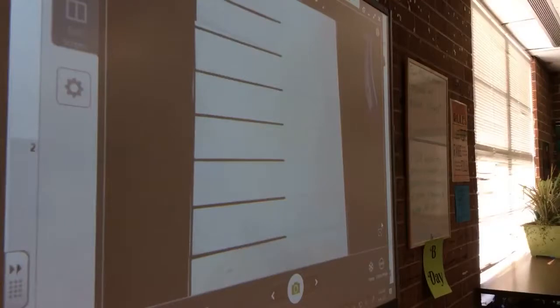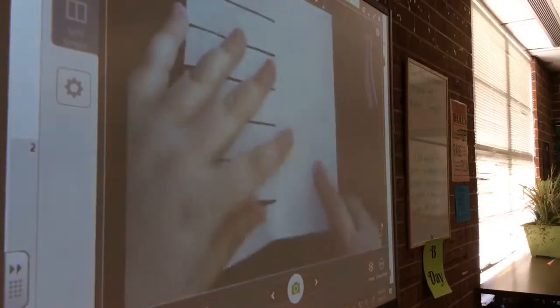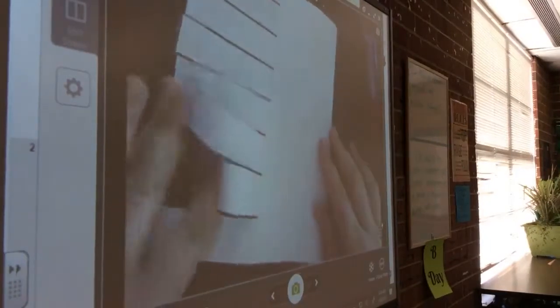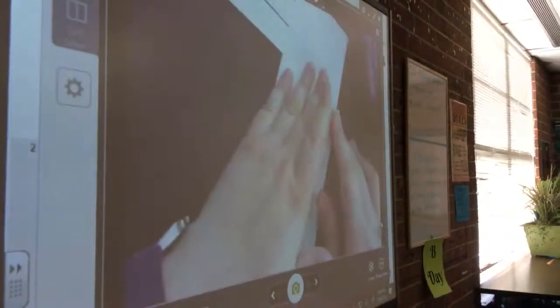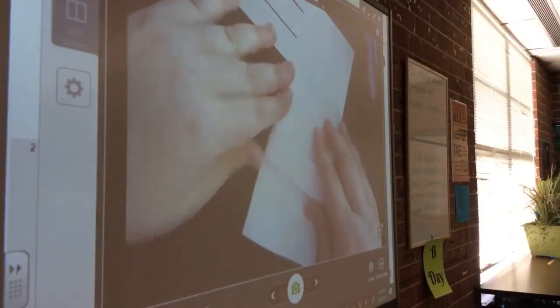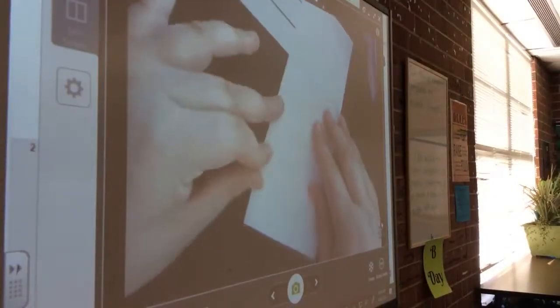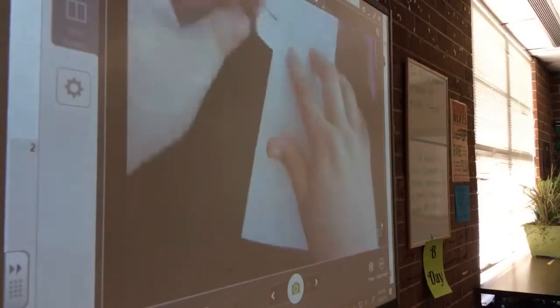When you're done cutting out those tabs, you're going to fold the tabs over onto your solid side. So all these tabs, you're gonna fold on the dotted line. Press them down real good so they lay flat.